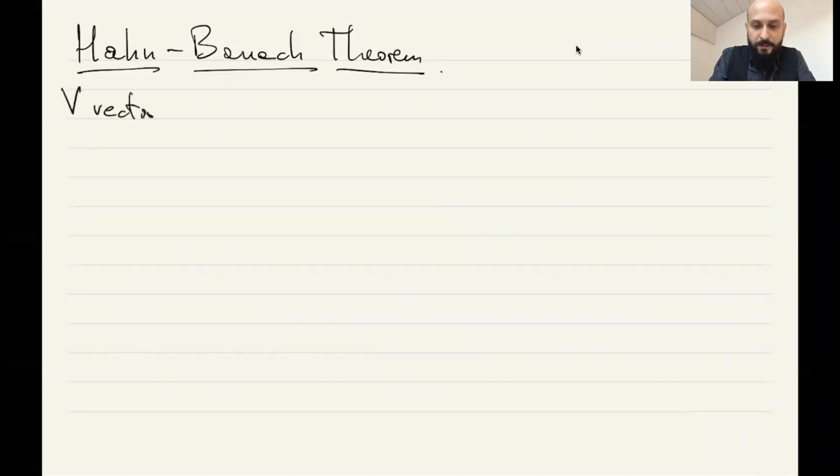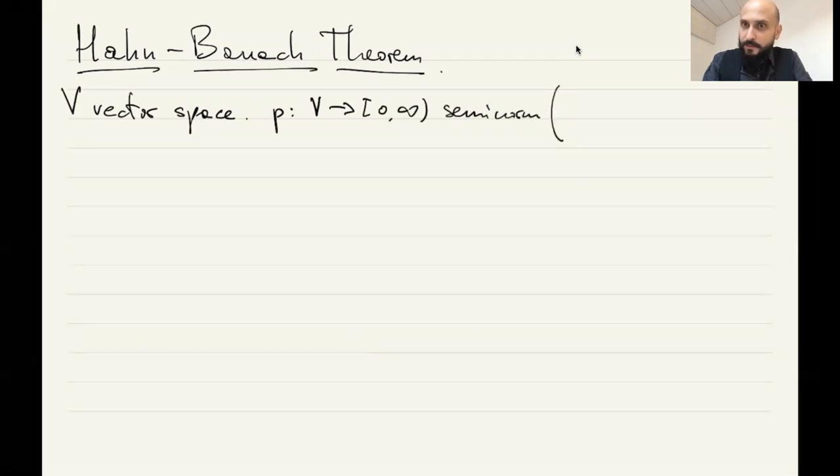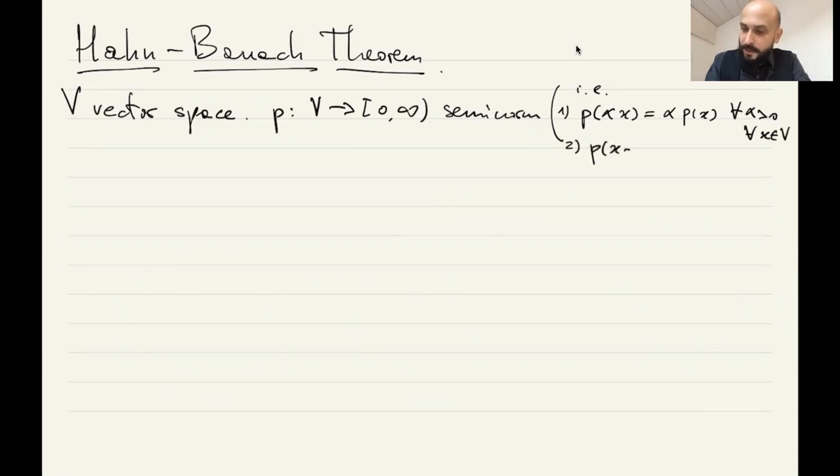So let's say we have a vector space V, and instead of having a norm, we can assume that we have just a semi-norm P, which means that P is linear with respect to scalar multiplication by positive numbers, for all x in V. And two, it is sublinear: P of x plus y is less than or equal to P of x plus P of y, for any x and y in V. Okay, a priori P could also be 0 for some non-zero vector.